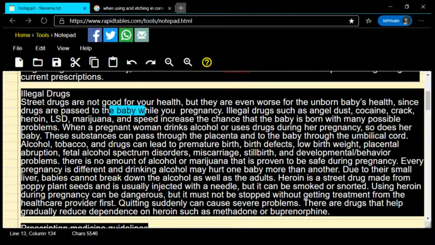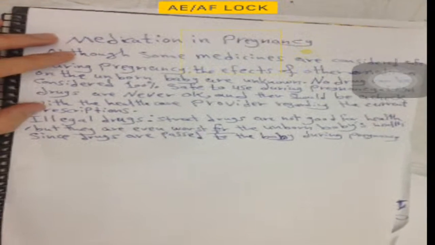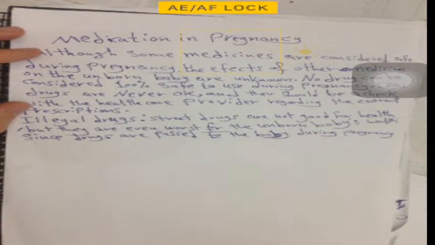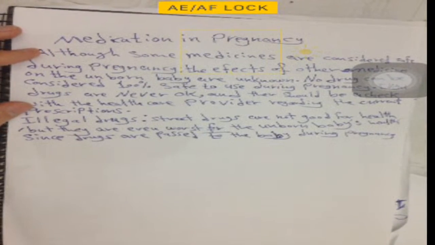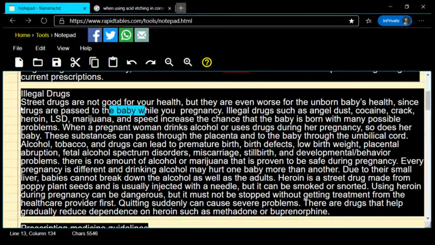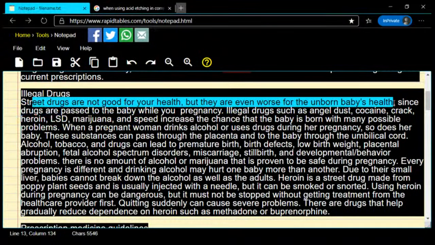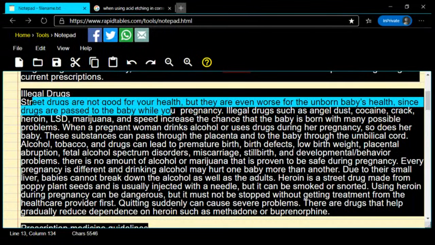As we can see here, illegal drugs are even worse for the unborn baby's health since they are passed to the baby during pregnancy.